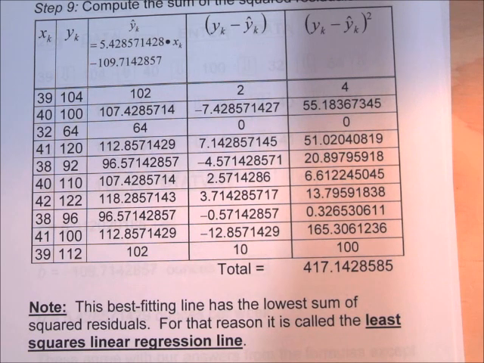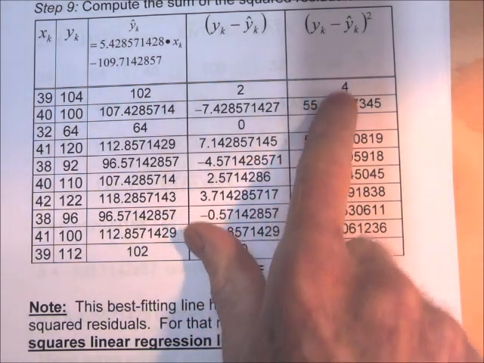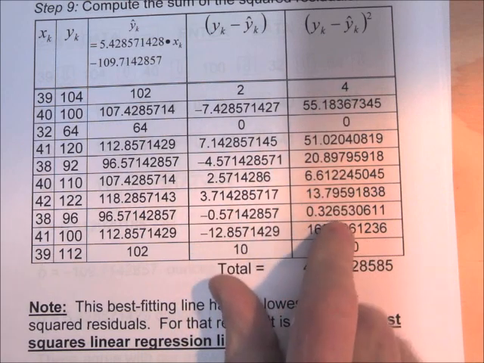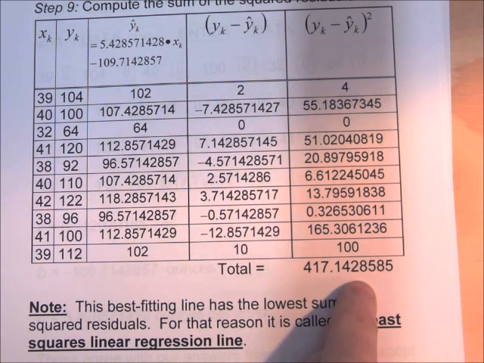On average, the prediction errors are going to be smaller with this slope and this y-intercept. And there's a theorem that there's no other line that we can fit for this data set that will have a lower sum of squared residuals. This is the best that we can do.